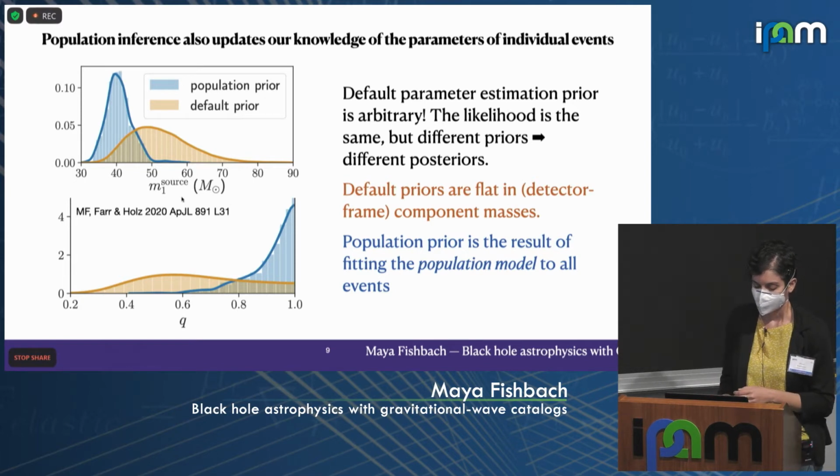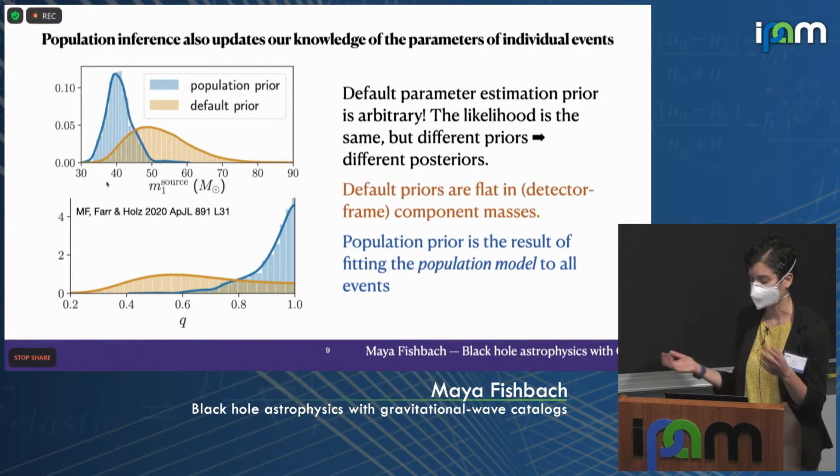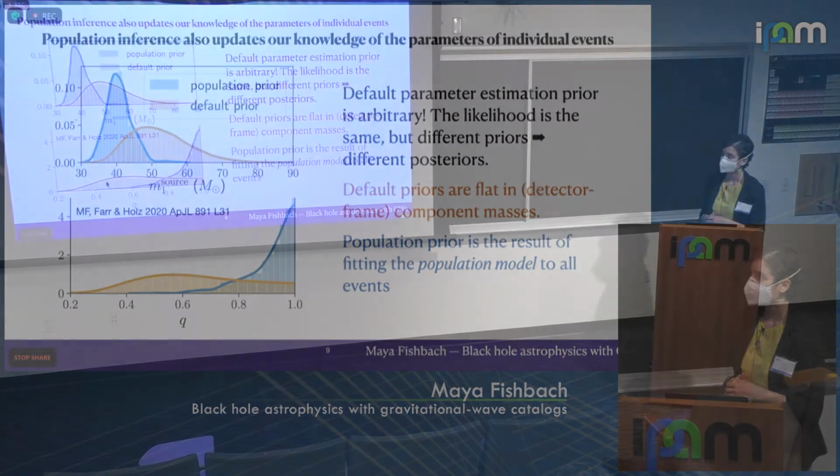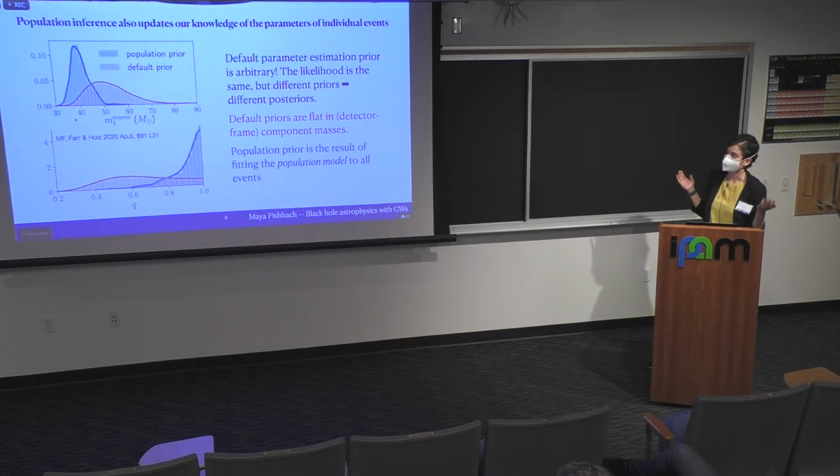So this is an example of that from an event, GW170729, which used to be very exciting because it was our biggest black hole from the second observing run. Of course, now we've seen things that are much bigger and more exciting.